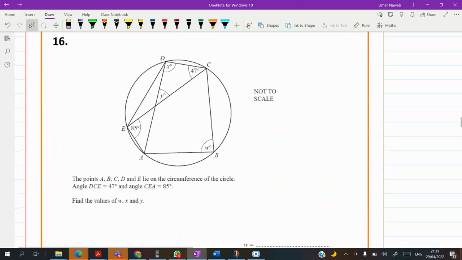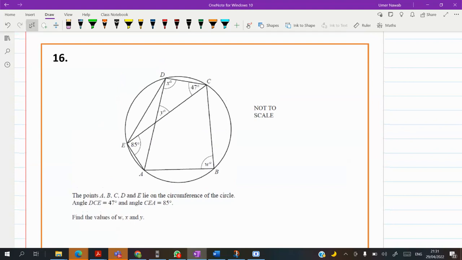Next, question number 16. I want to find W first. Where is the W? Here is the W. So can I use cyclic quadrilateral? Yes, the cyclic quadrilateral, which I'm going to use here. Here you go.